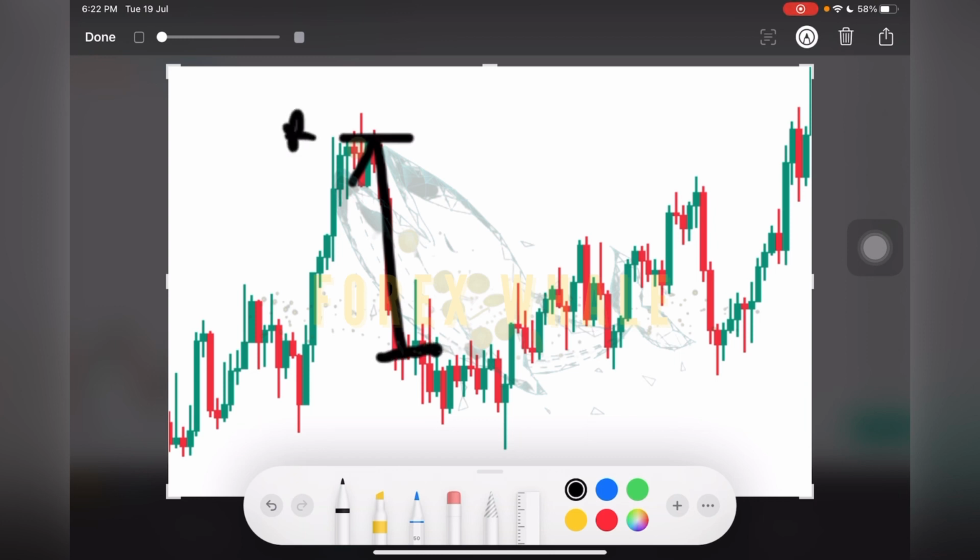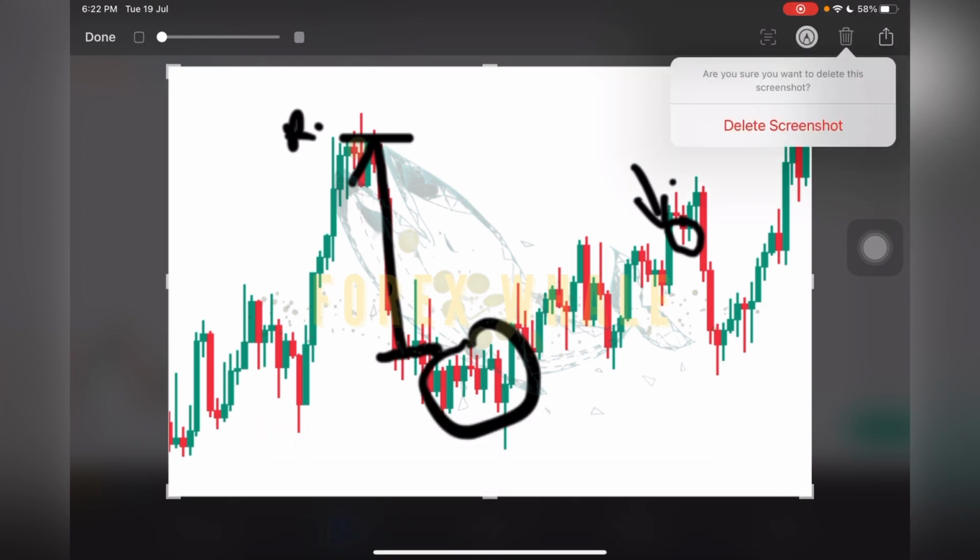At this resistance we can look for a sell opportunity. But small support like this one is an example of a very minor SNR. This is the kind of SNR that we want to avoid. This one as well. Please avoid at all costs.